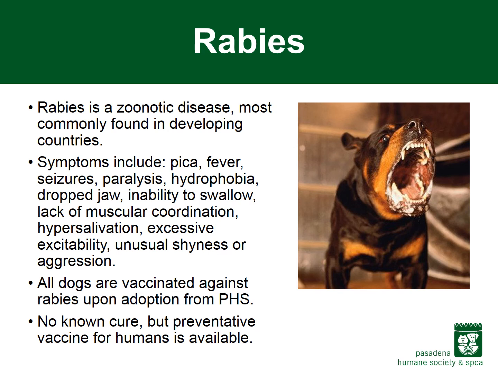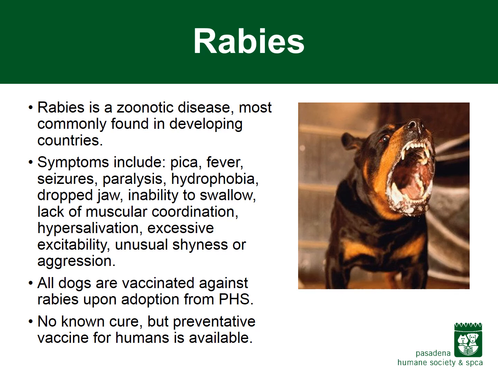Rabies is a zoonotic disease. It's most commonly found in developing countries, but we do have it here. Our wildlife department does see it in bats on occasion. So it is around. The symptoms include pica, fever, seizures, paralysis, hydrophobia, drop jaw, inability to swallow, lack of muscular coordination, hypersalivation, excessive excitability, unusual shyness or aggression.